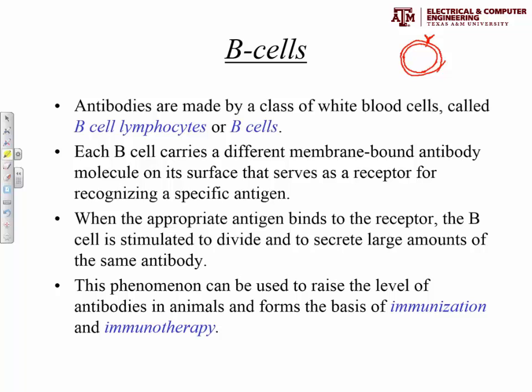And that antibody molecule will have exactly the right shape for one specific antigen. So when the antigen comes and binds here, remember I talked about transmembrane proteins? When something comes and binds over there, there is a signal transduction inside the cell. It will stimulate the cell to divide. So when the cell divides, it produces more cells at the same time, and it will produce another cell that will have the same antibody on it.